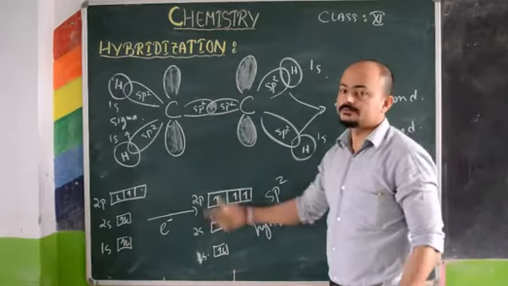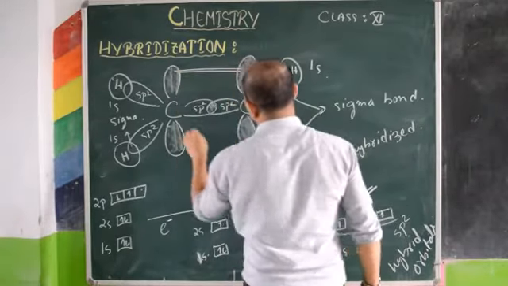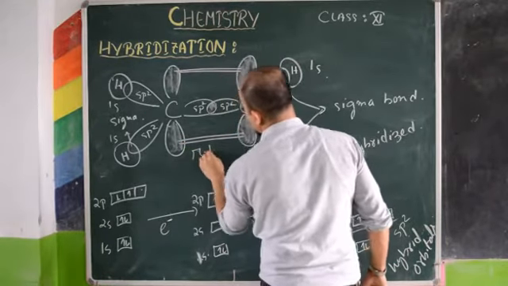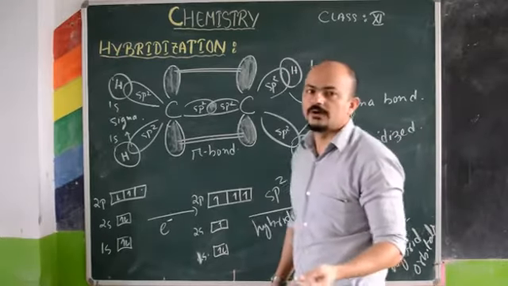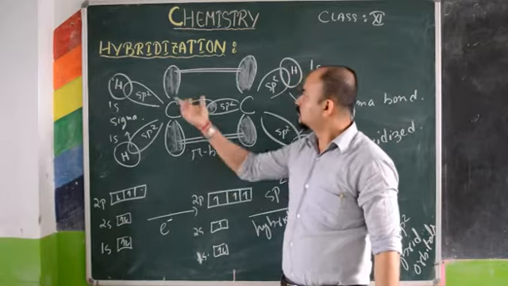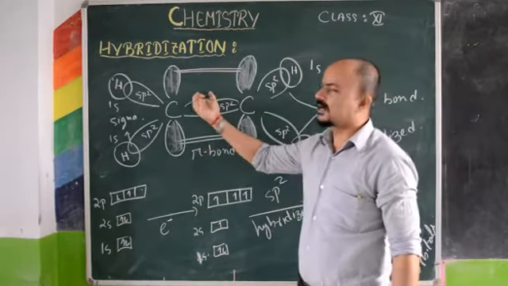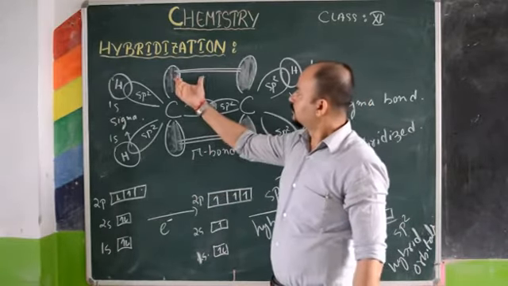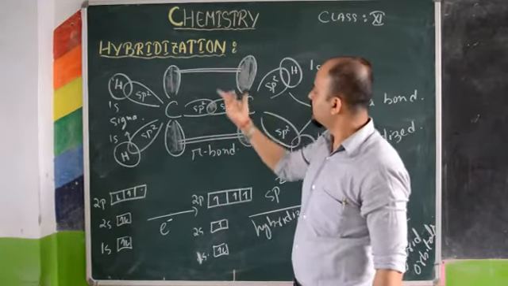Now these 2 will overlap laterally. They are overlapping laterally to form what? Pi bond. We have discussed that whenever there is lateral overlapping, that will result in pi bond formation. So these 2 unhybridized orbitals will be overlapping to give you 1 pi bond. Please don't count it as 1 and 1, 2.